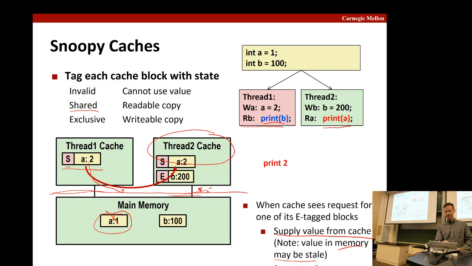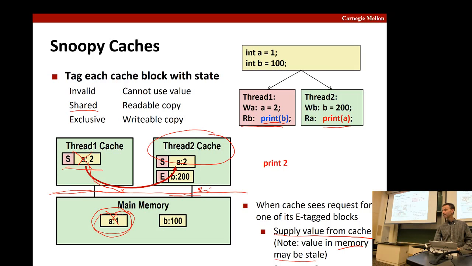It's always safe for the cache to respond, right? Because any cache has a value at least as fresh as what's in main memory. Okay, because these are write back caches. Now, the case where memory supplies the value is like if this was evicted, so the cache doesn't have it. So no cache has the value, then you supply it from memory.